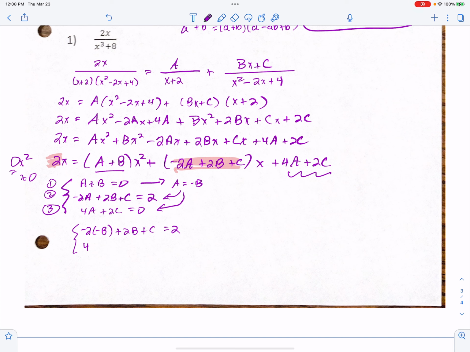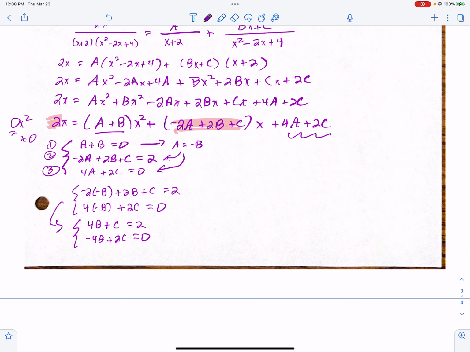In equation 3, I get 4 times a negative b plus 2c equals 0. So I substituted negative b in for a into both of those. So these simplify. You have a plus 2b and another plus 2b is 4b, plus c is 2. And then we have a minus 4b plus 2c is 0.